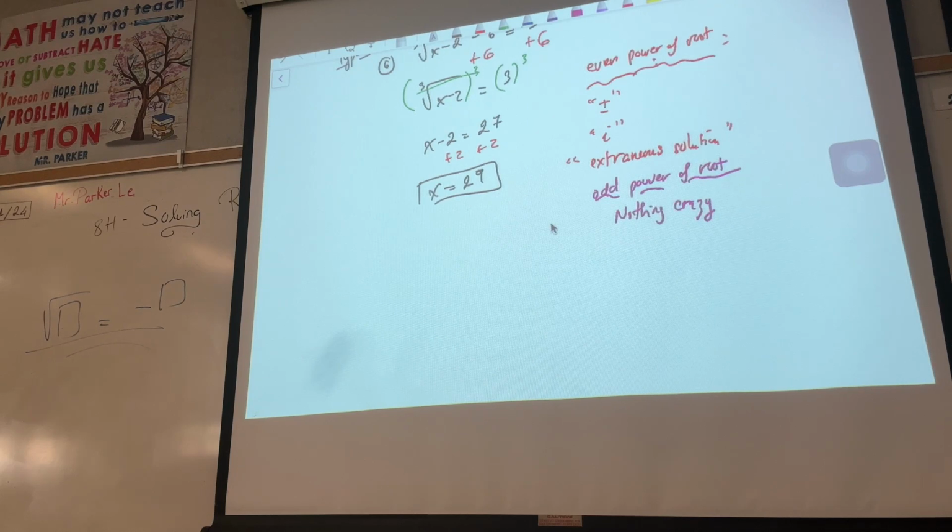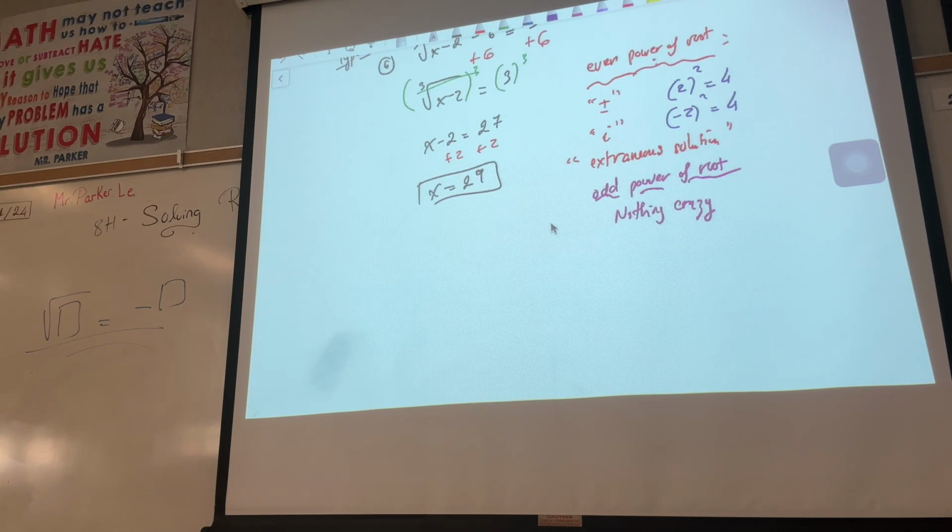It happens because 2 squared is 4, negative 2 squared is also 4. You have 2 inputs for the same output. That only happens for the even power. That's why the even power has crazy things going on, like plus minus, the i, and then extraneous solutions.